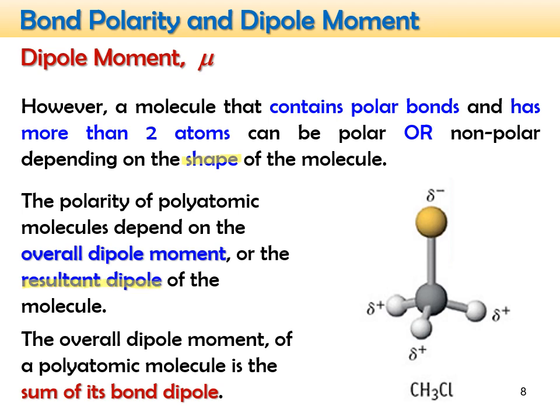This is the case if you have more than two atoms. The overall dipole moment is the sum of its bond dipoles. The molecule that I have here is CH3Cl. I will show you how we can determine the resultant dipole, and deduce whether this molecule is polar or non-polar.